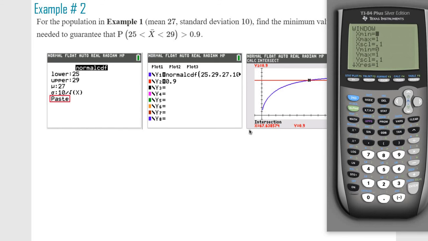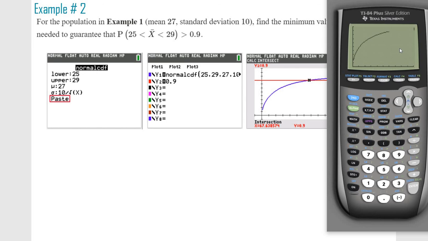The x is your n, the number of elements. I think 100 is reasonable to start with, and if it doesn't get high enough, we can adjust our window again. So now I can see the curve.